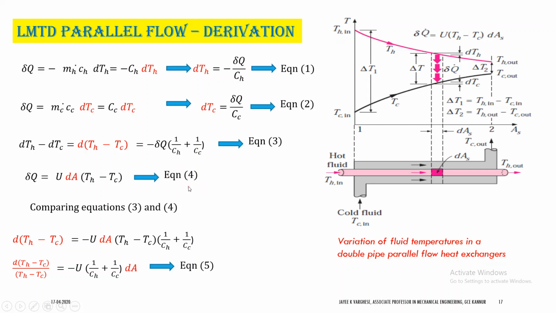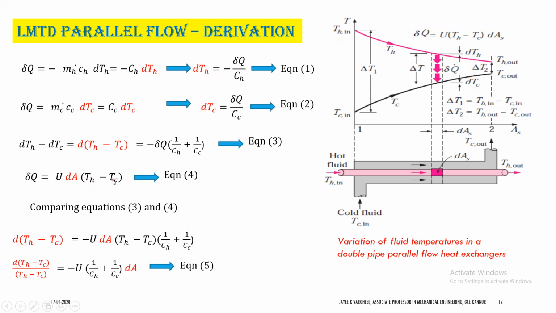So now we can represent the same thing using two equations, comparing equations 3 and 4. We have a delta Q appearing in equation 3. This delta Q is written as U dA into Th minus Tc. So we substitute for dQ from equation 4 into equation 3.